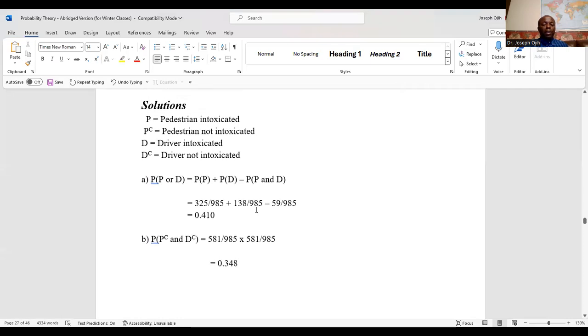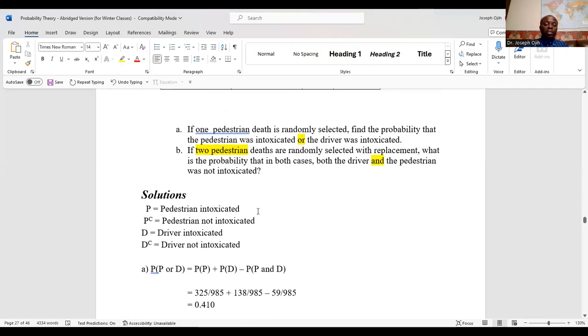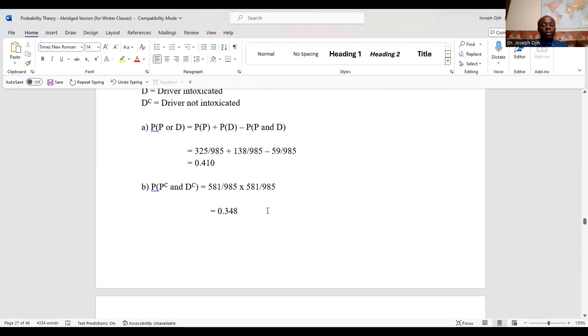So there is a 34.8% chance that if 2 pedestrian deaths are selected at random with replacement, both the driver and the pedestrian will not be intoxicated. That's what it means.